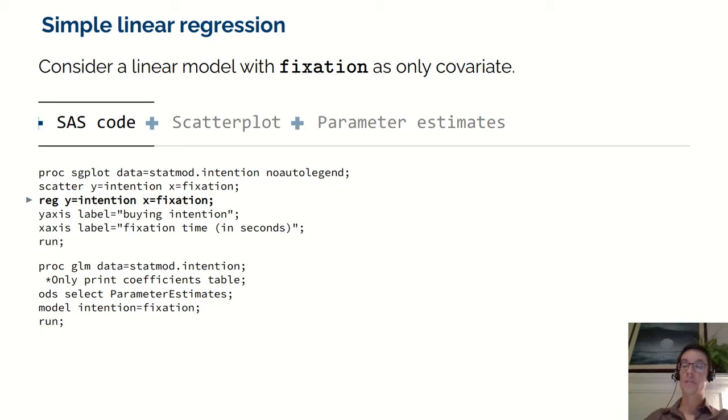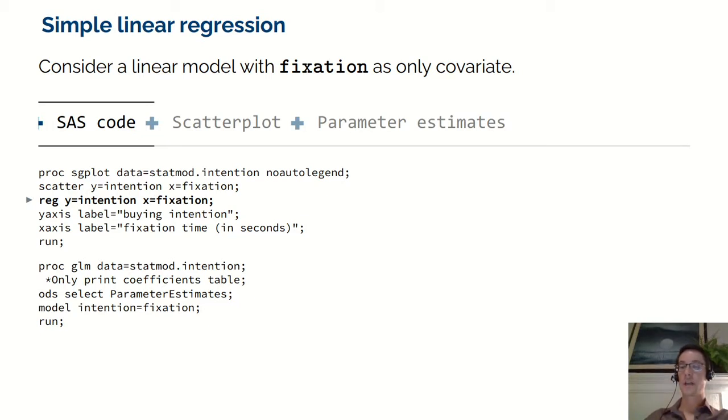For now, I'm only interested in the parameter estimates, so I'm actually going to use an ODS command to select the parameter estimate table. So there's a lot of things in the output that I'm not interested in at the moment. And so that also means that some of the particular things I should be requesting or asked to modify, I'm not going to do now.